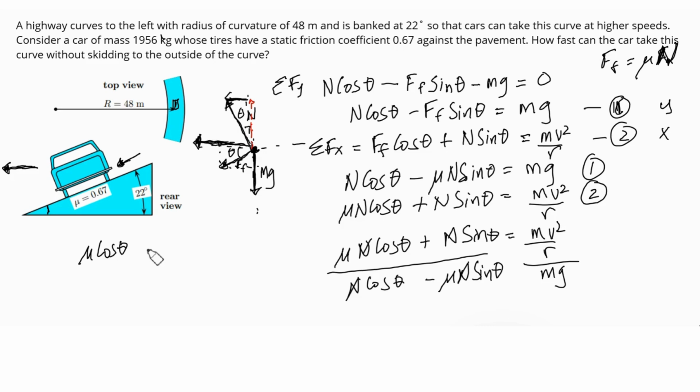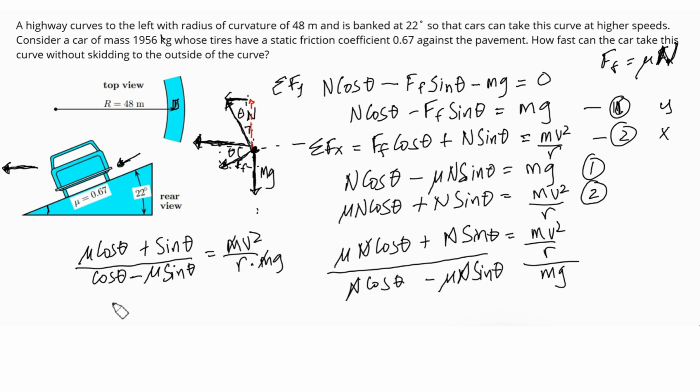I'm dividing up and down by n. And so what I'm left with is mu cosine theta plus sine theta, all divided by cosine theta minus mu sine theta, is equal to mv squared over r divided by mg.